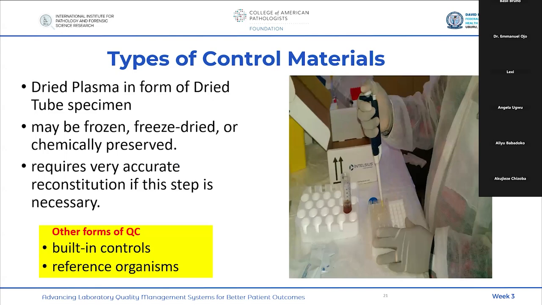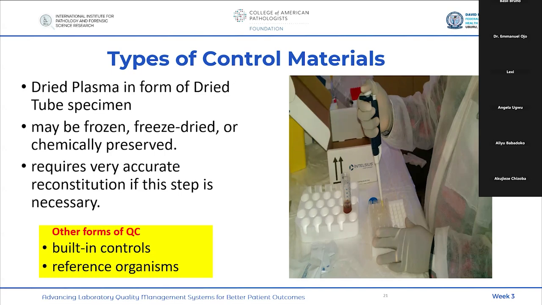Types of control materials could be DTS, or lyophilized, and if it's lyophilized, it requires very accurate reconstitution. What we'll be considering here is whether the ancillary equipment, the automatic pipette, is calibrated to dispense accurate volume or not. These are things that we look at when we're handling quality control material.